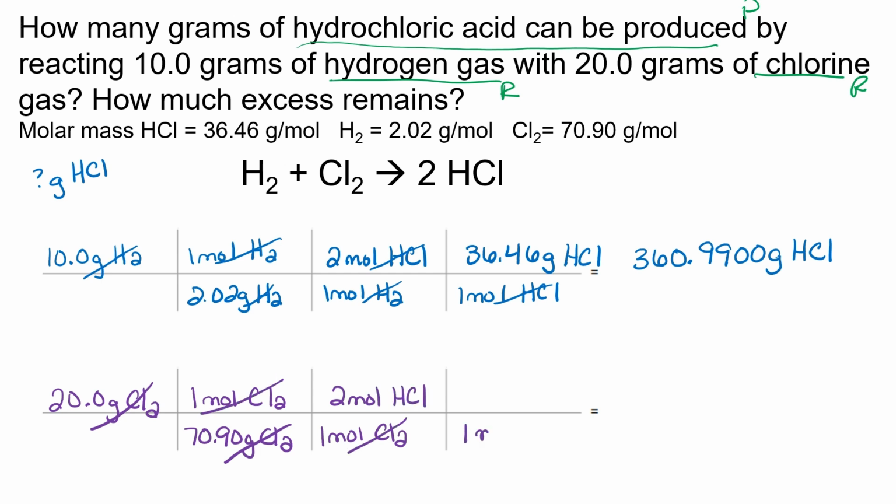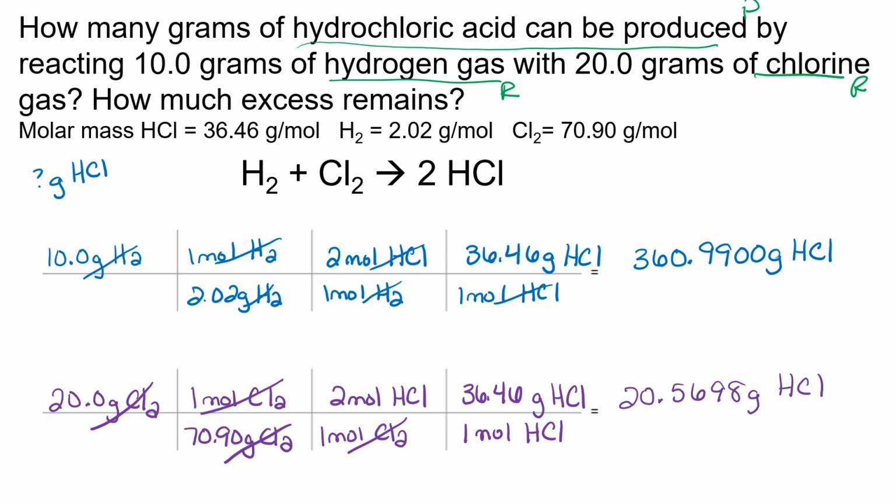And for every 1 mole of hydrochloric acid, I have 36.46 grams of hydrochloric acid. When I do this, I'm going to get, oh, no, it's 20.5698 grams of hydrochloric acid.